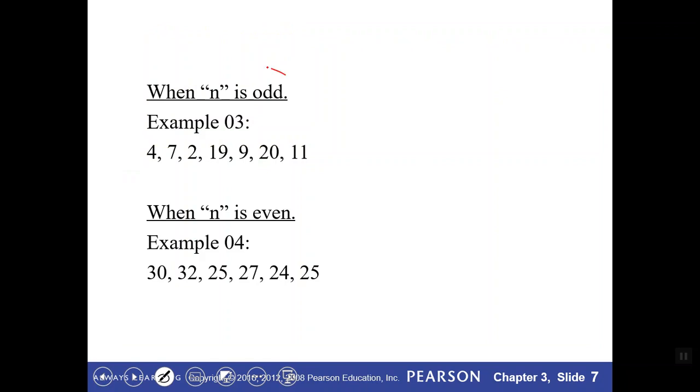When n is odd, 1 2 3 4 5 6 7, yes, it is odd. First you have to convert these values into an ascending order sequence. So the minimum value is, if I am correct, 2, 4, 7, then 9, 11, 19 and 20.